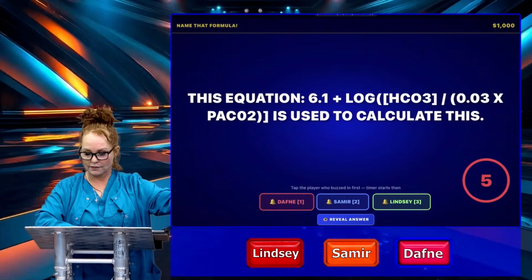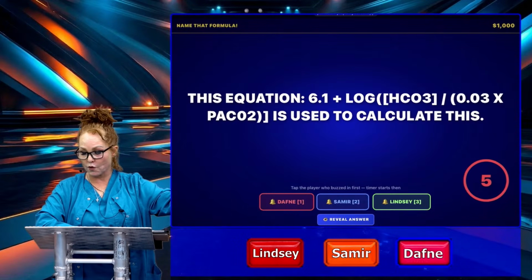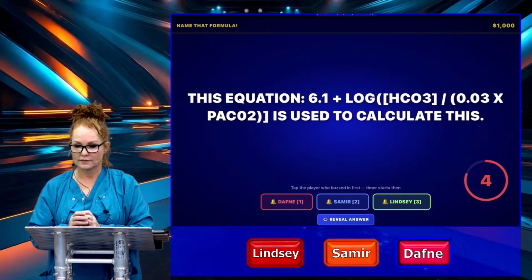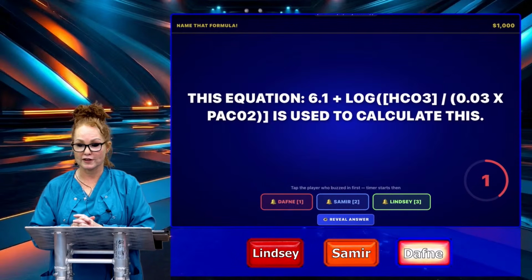Samir, let's do Name That Formula for 1,000. This equation, 6.1 plus log bicarb times 0.03 times PaCO2, is used to calculate this. You all know this. Lindsay, what is base excess?